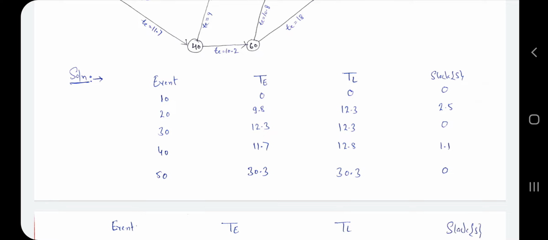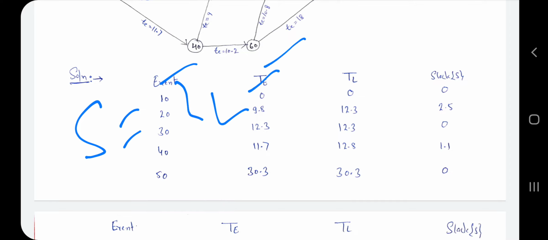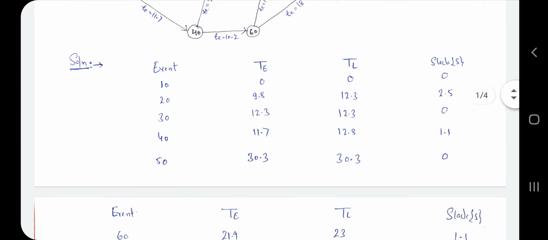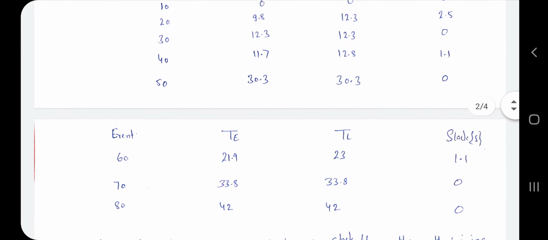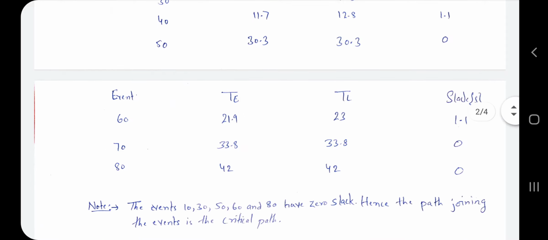Now we know that slack S is equal to TL minus TE. Here we have all values of TE and TL for all events, so we simply subtract TL minus TE and we get the slack value. At 10, 30, 50, 70 and 80 we get the 0 value. When we get 0 slack at a particular event, that path we call the critical path.